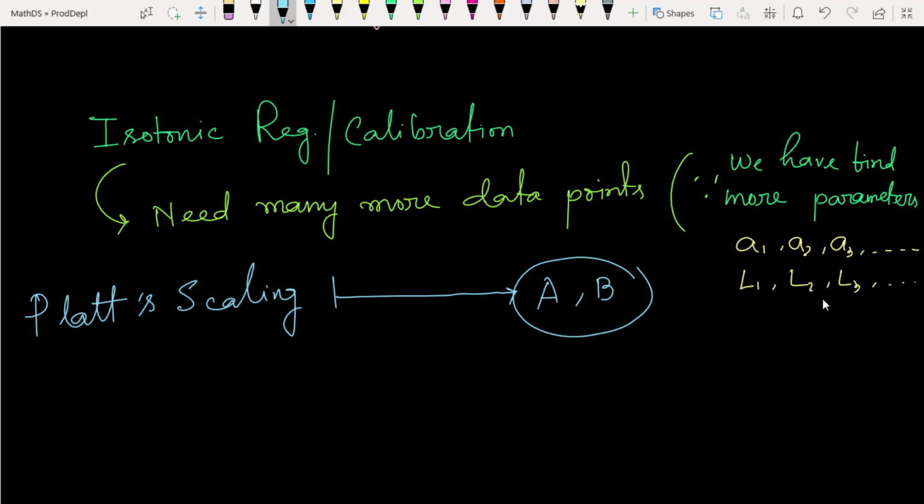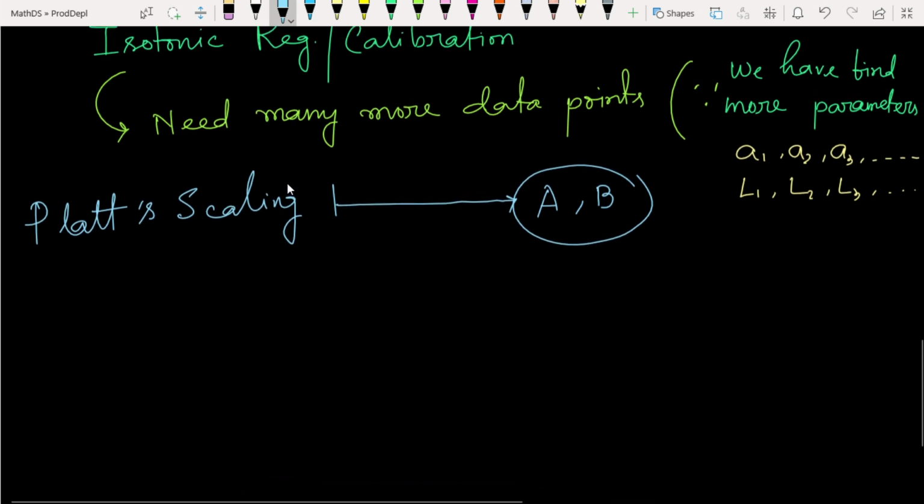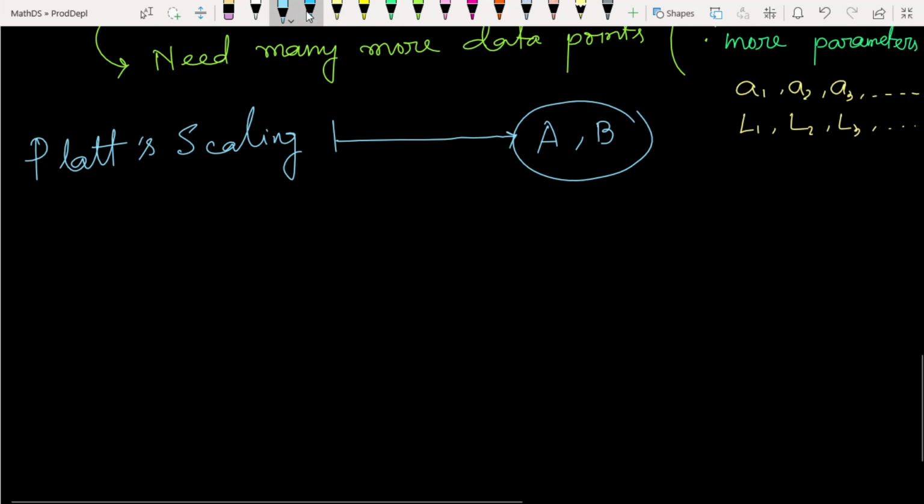But here we have to predict more than this. Because of these reasons, for isotonic regression we need a large number of data points.